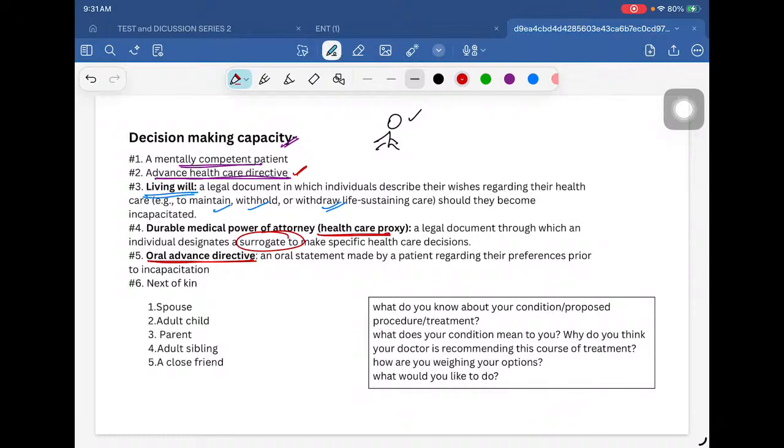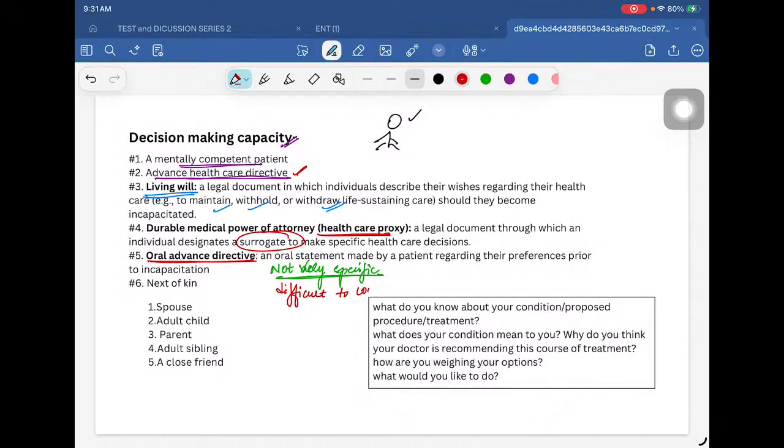This is actually not very specific, to be honest, because you don't have any proof that the patient has said it. Basically, a family member or friend will say, when the patient was awake, he used to tell me he doesn't want intubation or wants to be treated in this manner. So this is not very specific. It's very difficult to confirm.